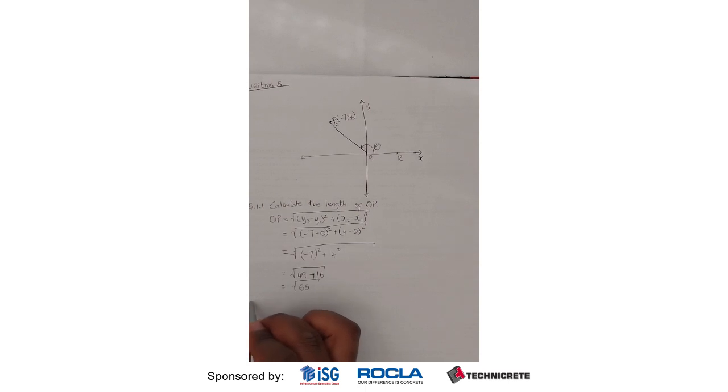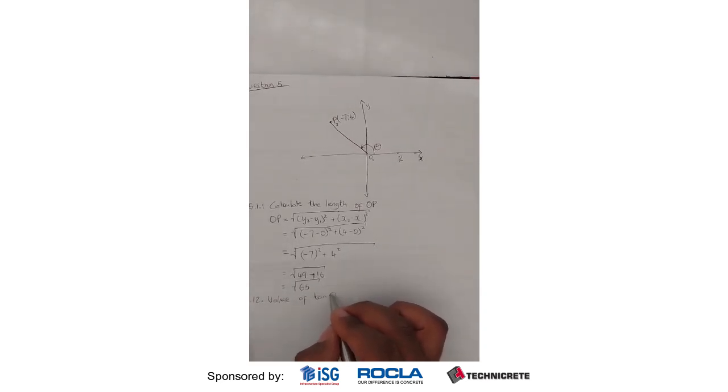Let's go to 5.1.2. They are looking for the value of tan theta, and on this side, the value of cos of theta minus 180.